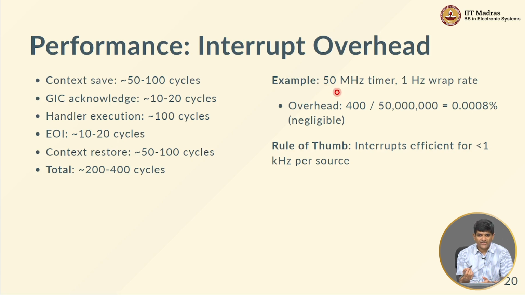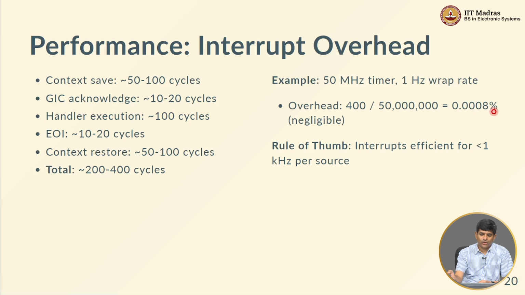So as we said earlier, if the rate at which interrupts are happening is relatively low, then it makes sense to use interrupts. In this case, for this kind of overhead in clock cycles, perhaps 1 kilohertz makes sense. As we saw, that would be less than 1% overhead for the system.